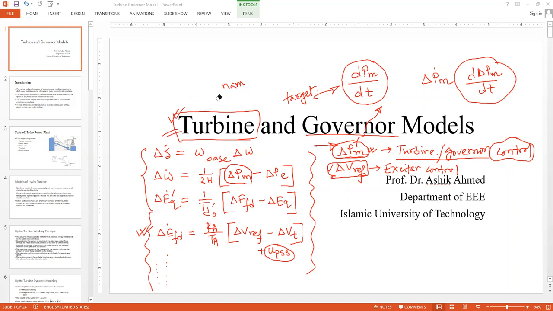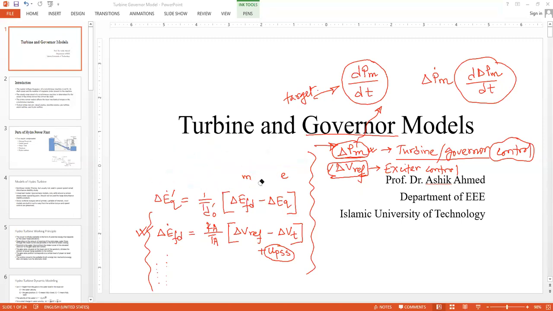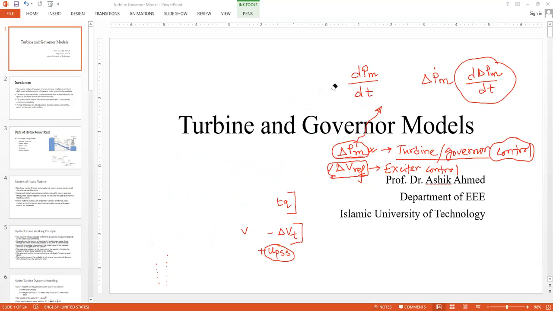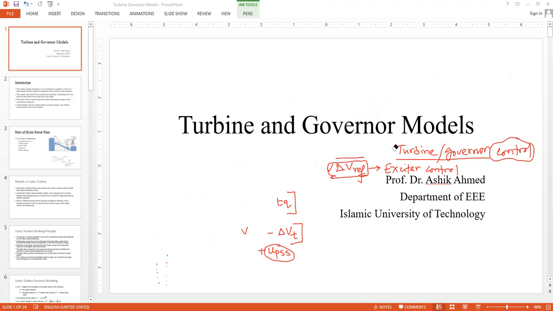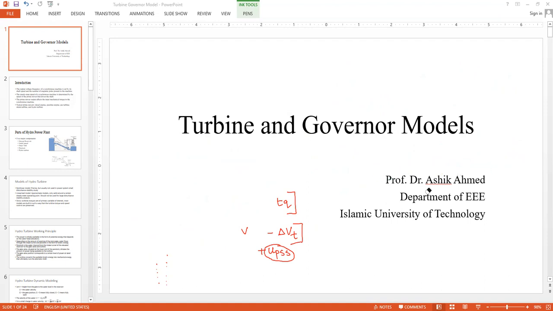So this is the target, and let's start looking into the hydro turbine model. So in the conventional power system, as we all know, mostly you have either the gas turbine or the steam turbine or the hydro turbine. We will take one of those, okay, for our course.